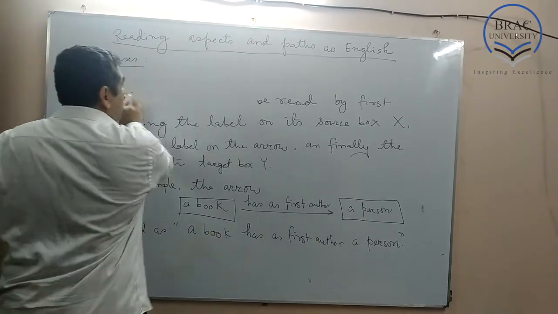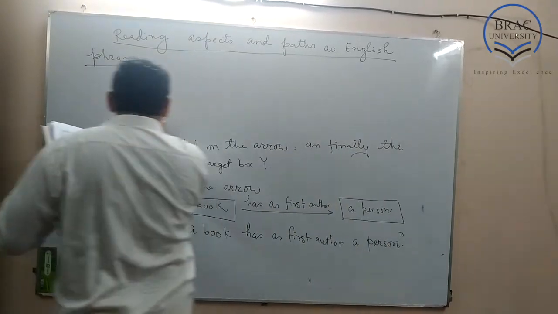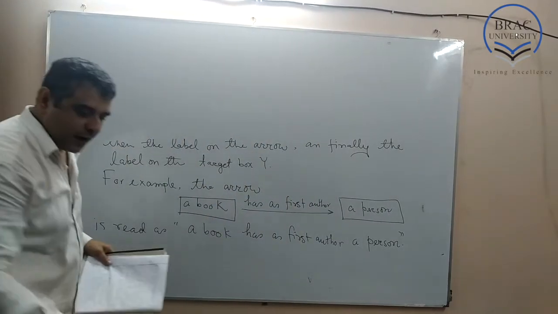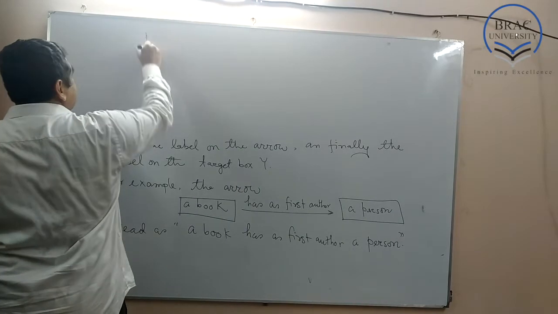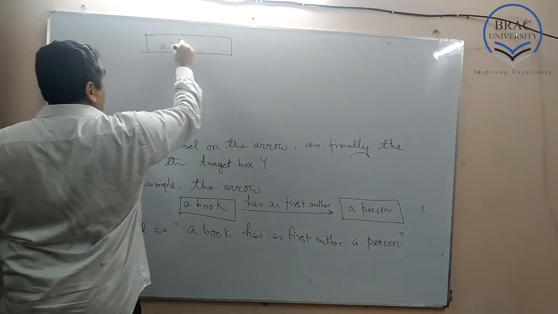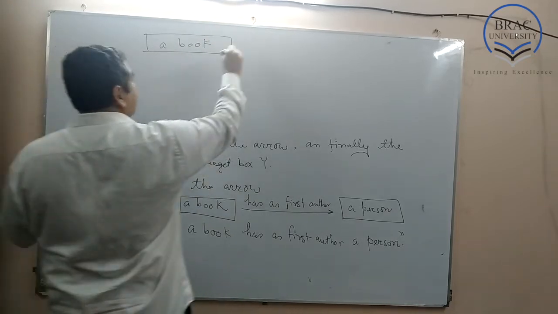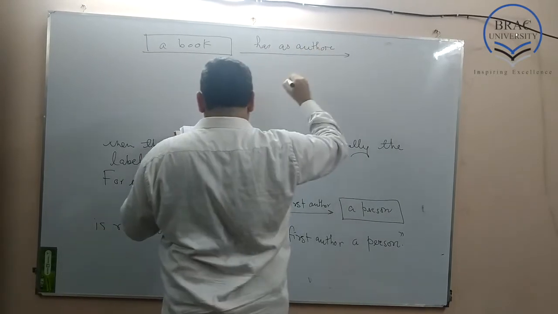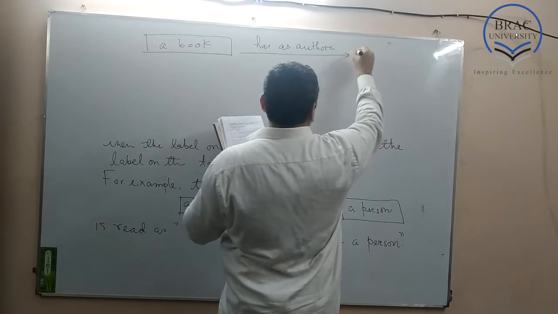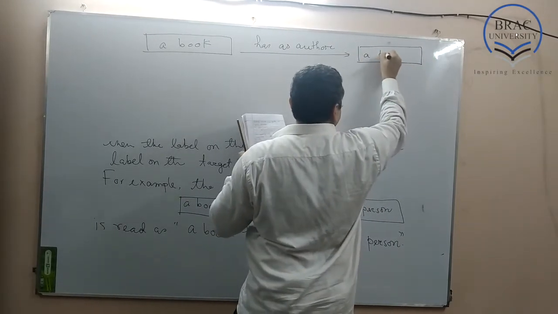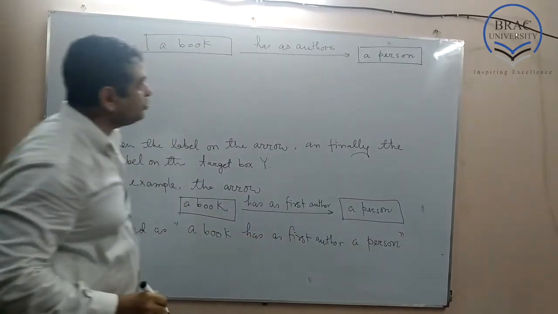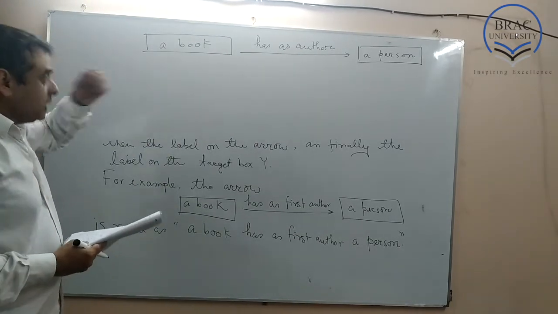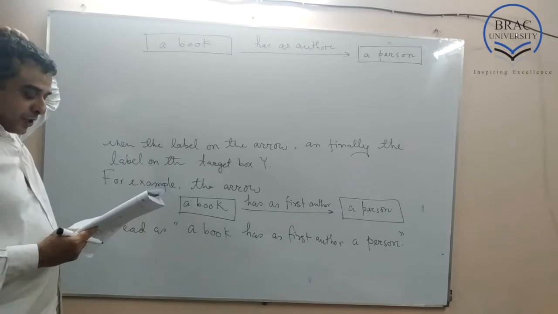So note here that if we just modify this Olog by this, a book has as author a person, by dropping the word first from this aspect, it will not reflect a functional behavior.